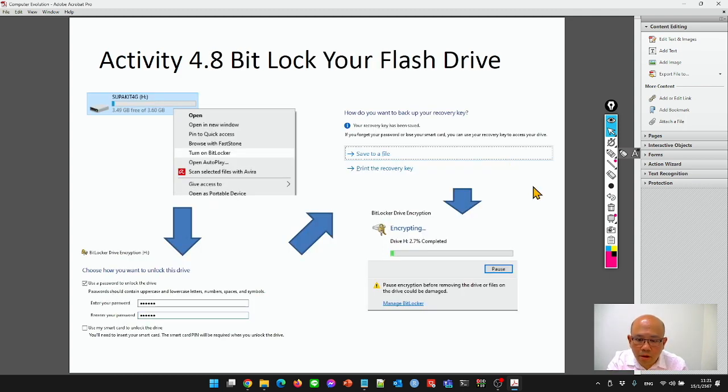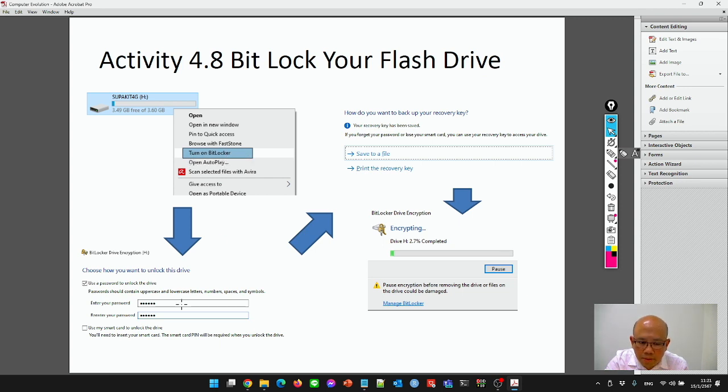And in your computer, you can improve the security by using BitLocker, and you can use BitLocker on your flash drive to protect your data. When you put the flash drive into your computer, there is a function here to turn on BitLocker.